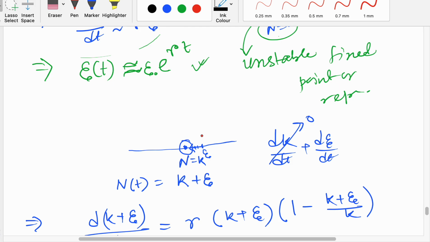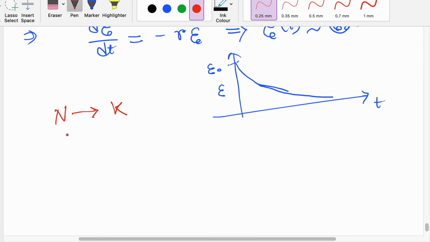That means at some point of time the population will reach N equal to K, and then the population will no longer change its state. It will go to a fixed state, and that fixed state is an attracting fixed point. So N equal to K is an attracting fixed point.